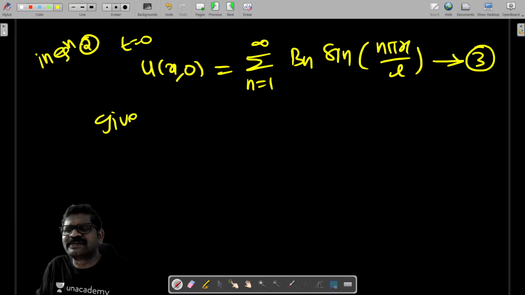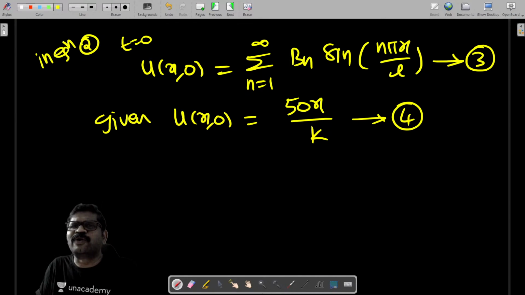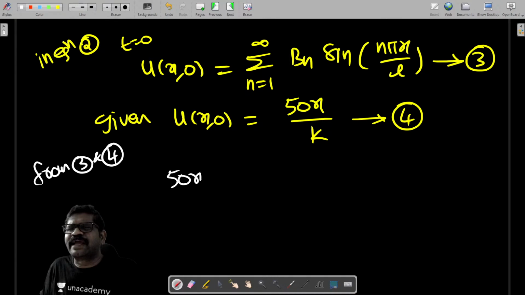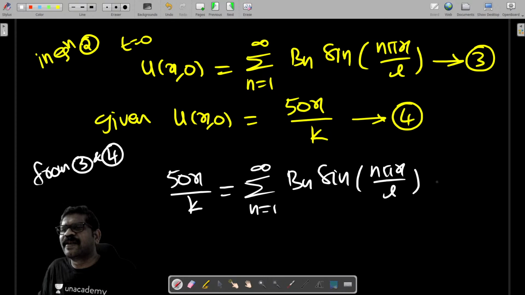Given that u of x comma 0 is 50x by k, call it equation 4. From 3 and 4 we can write 50x by k equal to sigma n equal to 1 to infinity bn sin n pi x by L, call it 5.